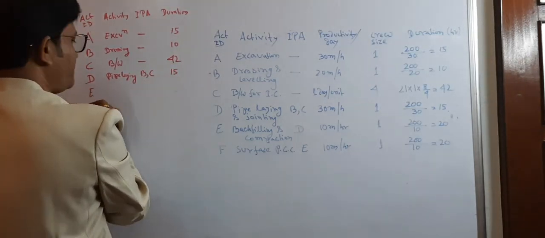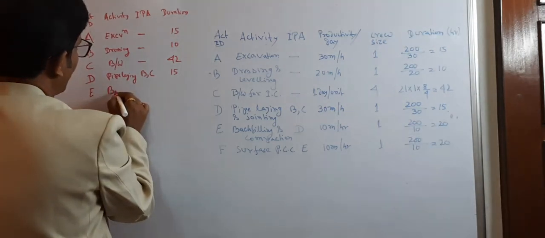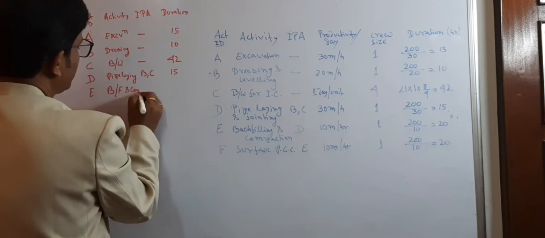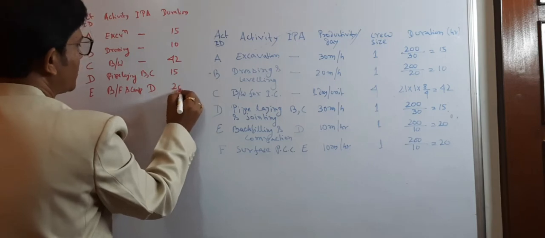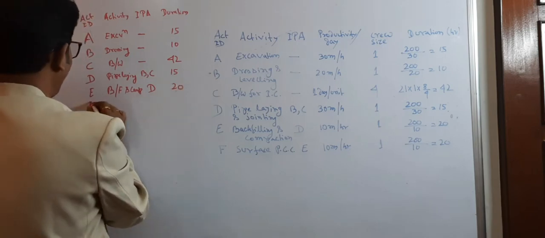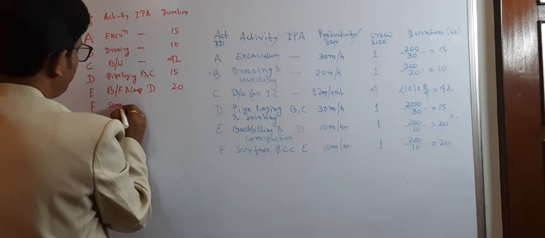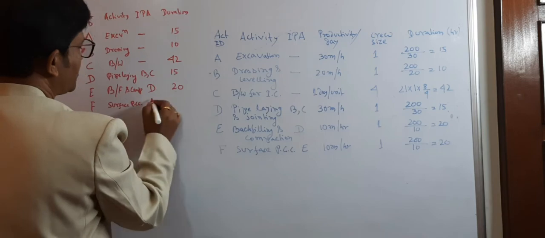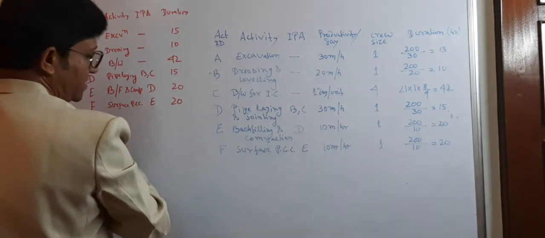Activity E is the backfilling and compaction, dependent on D, and this takes 20 hours. And activity F is the surface PCC, dependent on E, and the duration is 20 hours.